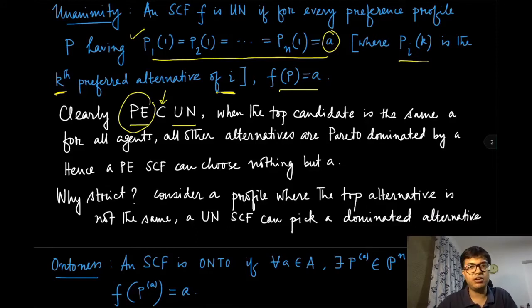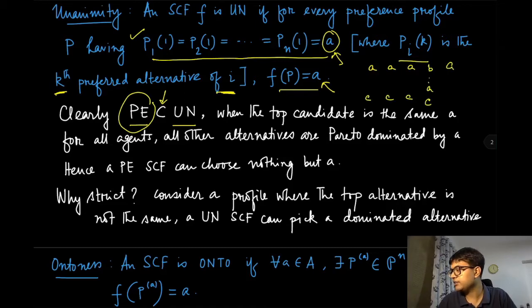Whenever you have the top alternatives to be the same, the social choice function should be equal to A. But imagine a situation where all the topmost alternatives are A, except for one agent, whose top is B. For that agent, A lives somewhere below, and maybe there is C, and C is Pareto dominated by A. For this kind of preference profile, the unanimity condition does not apply, because it does not satisfy the condition.